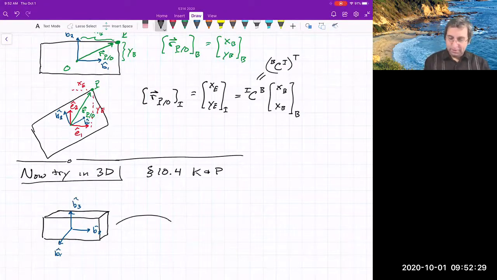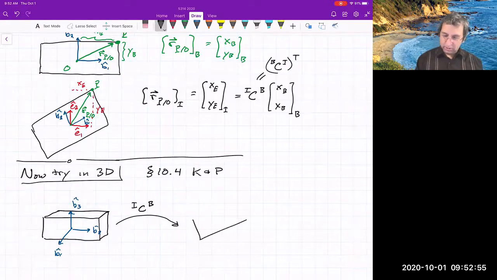And now I want to know, how do the basis vectors transform into the inertial frame? Basically, how do we describe the orientation of the body? And it's how do we describe the B1, B2, and B3 directions with respect to E1, E2, and E3?